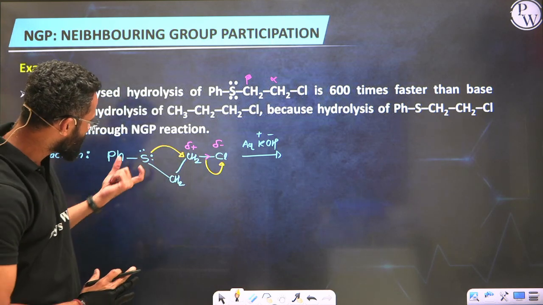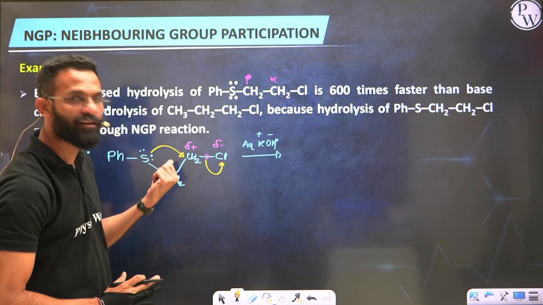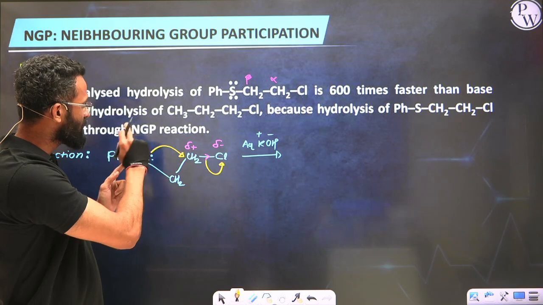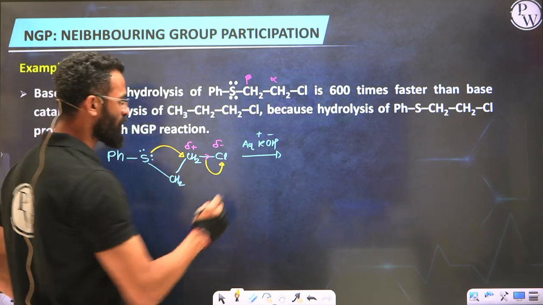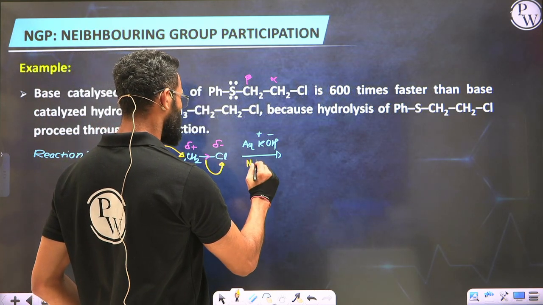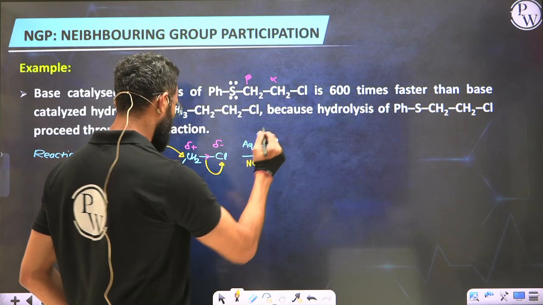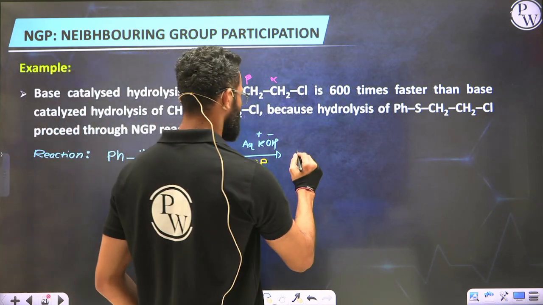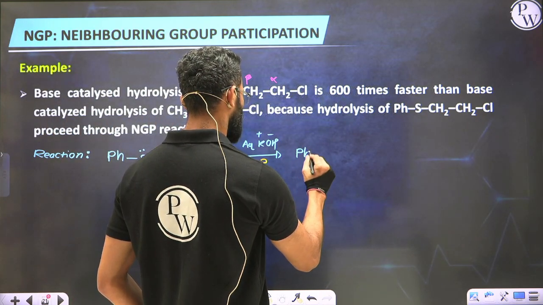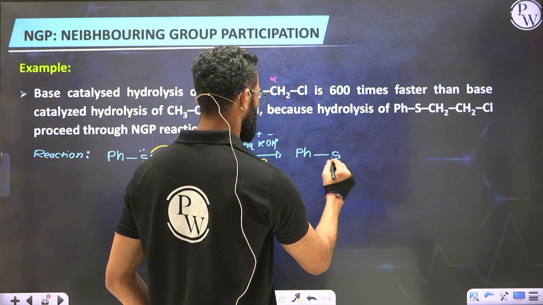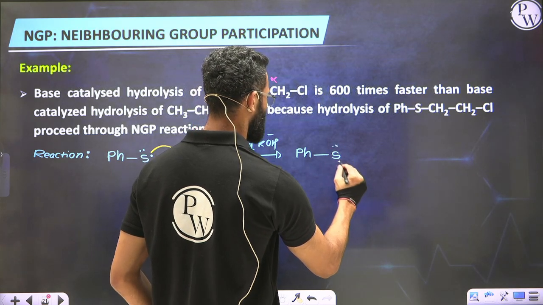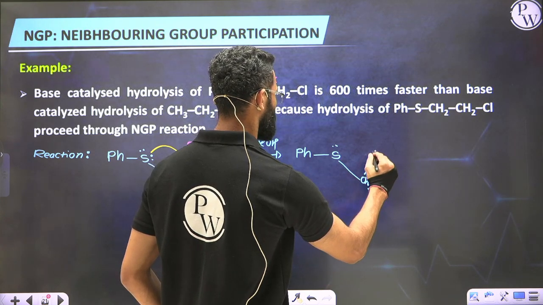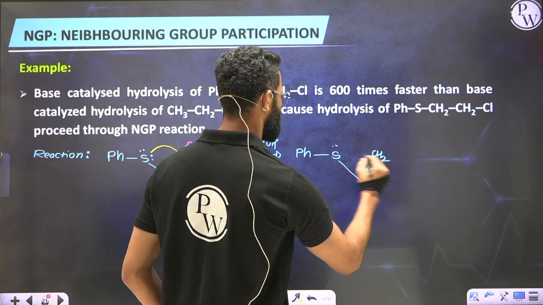Now because the neighboring group is participating here, which is going to enhance the rate of reaction, I'm going to call it NGP, neighboring group participation. So as of now, what happened? NGP took place. And what we got? We got an intermediate. So PhS, one lone pair is intact, CH2 and CH2, right everyone?